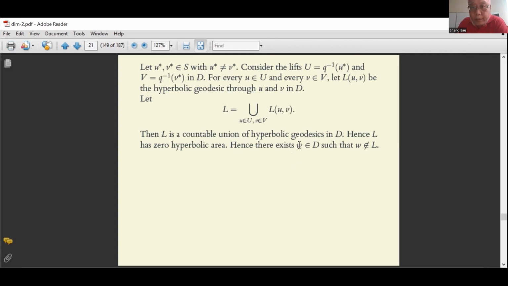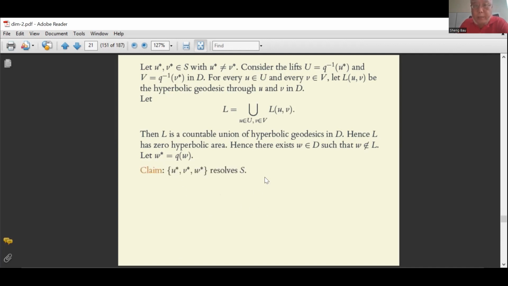Hence, there exists a W in the open unit disk, because D is uncountable and this union L is countable. Therefore, there must be some point in D which is not in L. And we take the image of W under the quotient map Q, and that is W star.